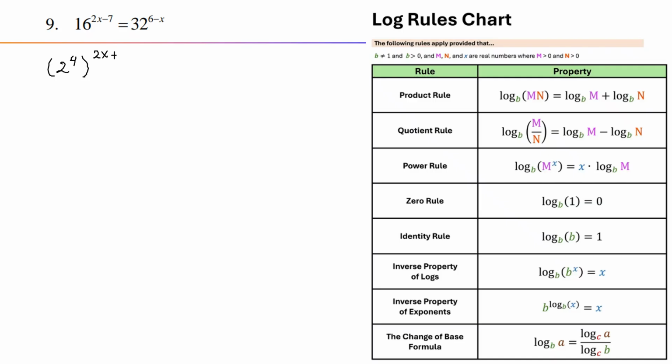This is minus 7. Equal, 32 is double 16, so it's 2 to the power of 5. Okay, and then remember, copy down the exponent outside.